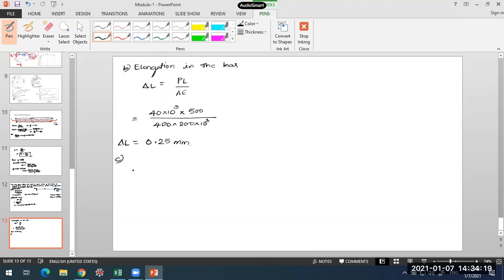And the next thing you require is strain, axial strain. Strain we put as the change in length delta L by the original length.